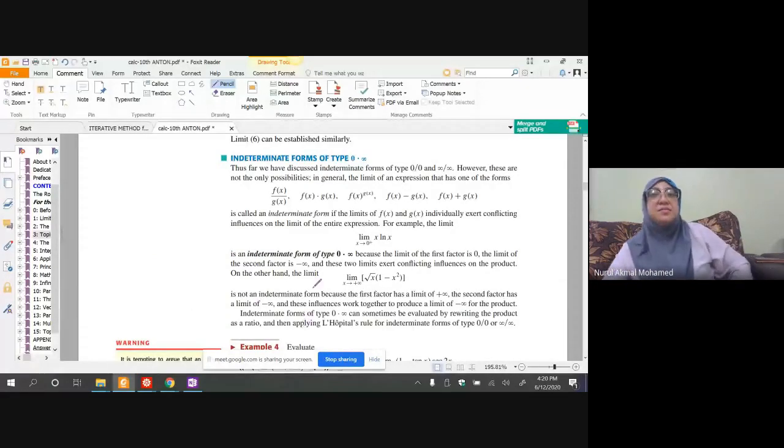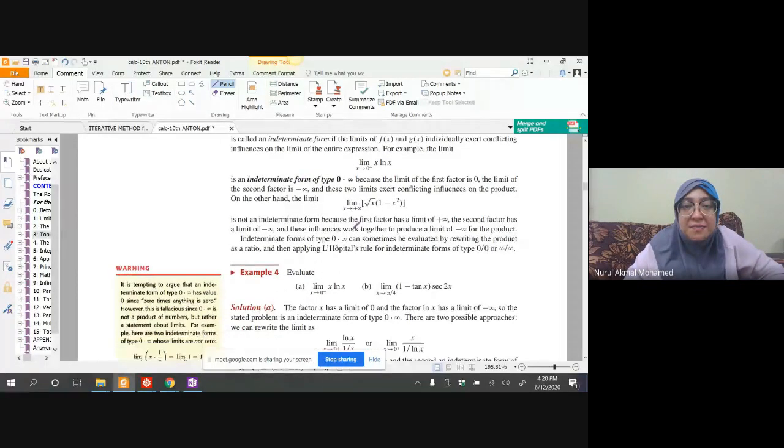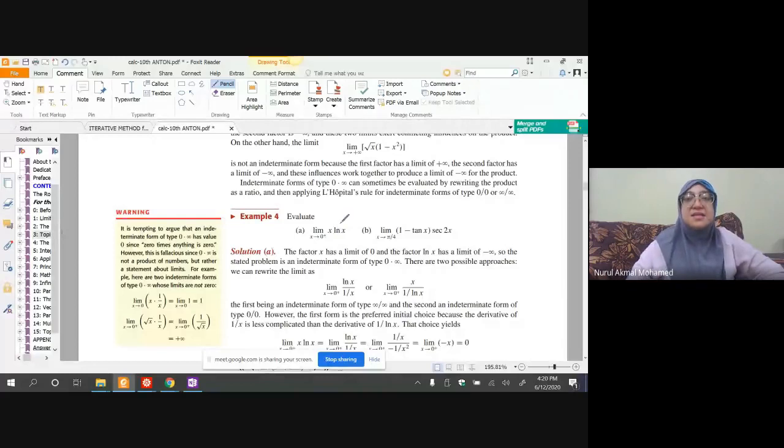Okay, now intermediate form of type 0 multiplied with infinity. Okay, example 4. Limit x ln x as x tends to 0 plus. In order to use L'Hopital rule, it must be in terms of a rational function. It cannot be in terms of multiplication.